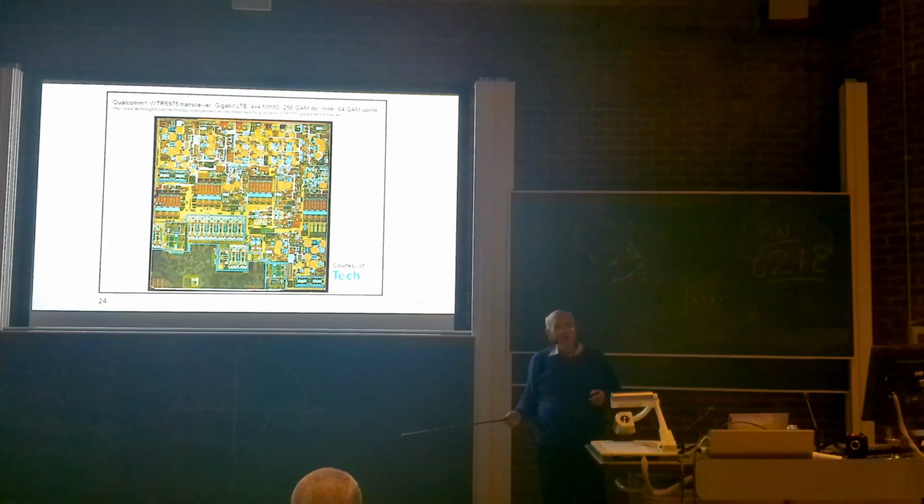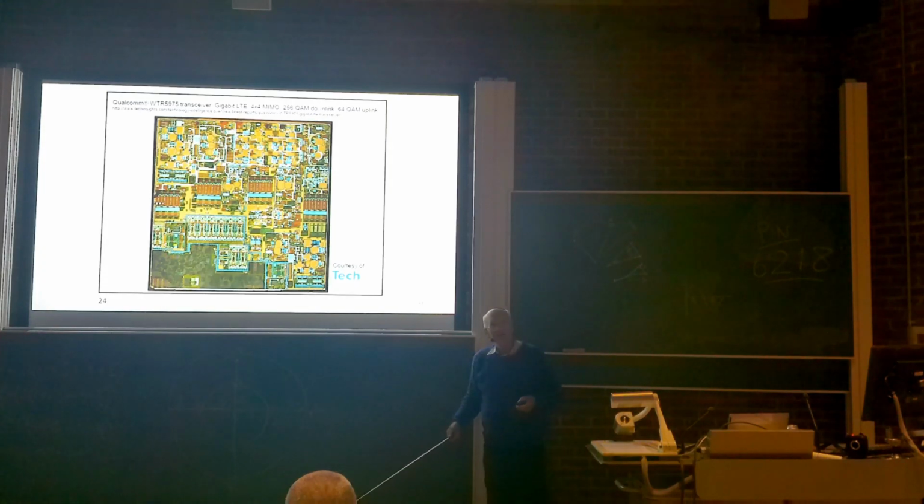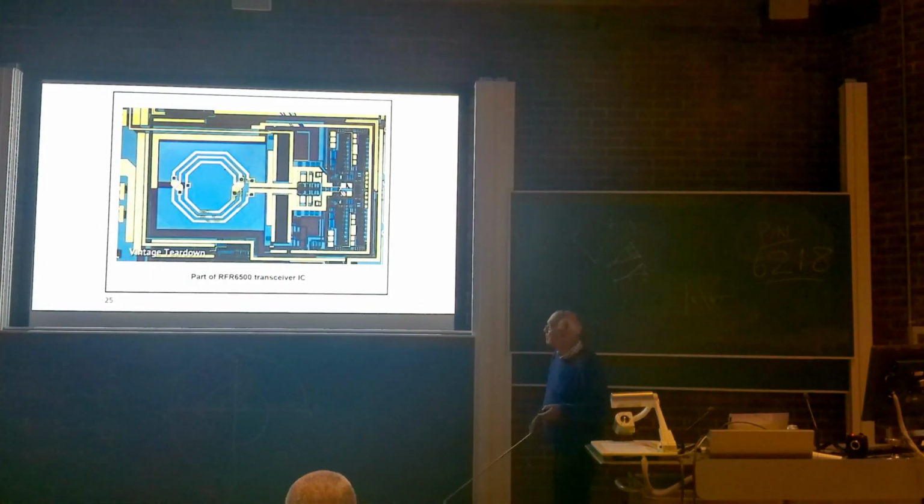So that is 4 channels transmitting at the same time in different directions, if it can be, and 4 channels receiving. So you can really optimize which antenna or little mini antenna is actually receiving the best signal, and you combine them and so on, multiple input, multiple output.